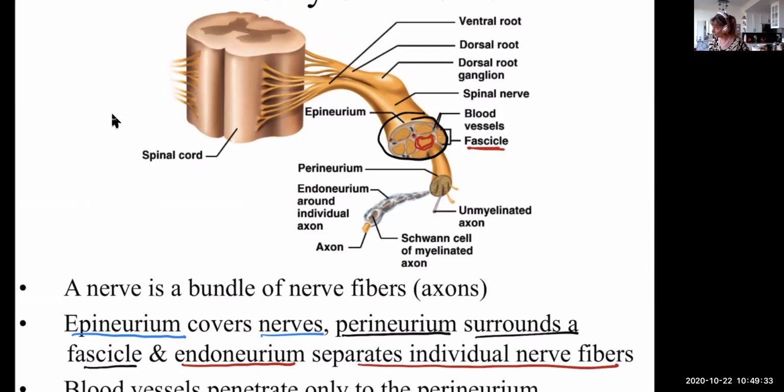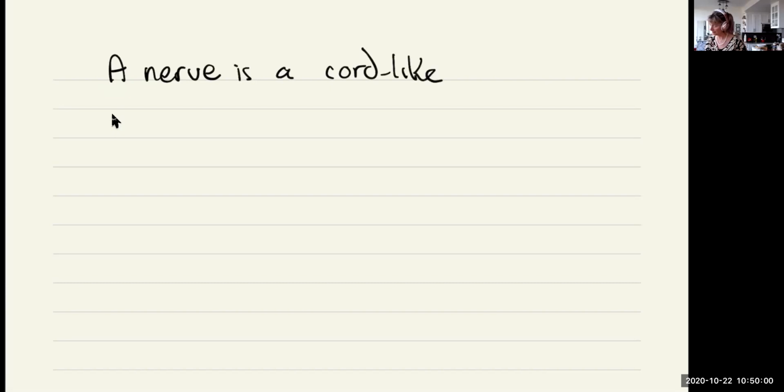So let me write some notes about that. Nerve. If you hold it down long enough, it turns into a straight line. A nerve is a cord-like structure, really.